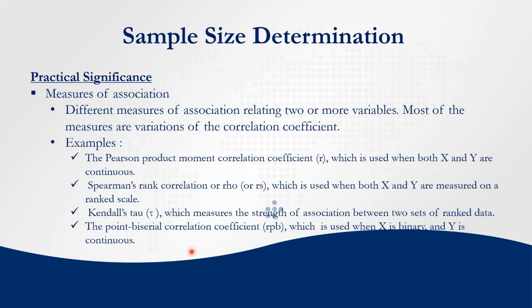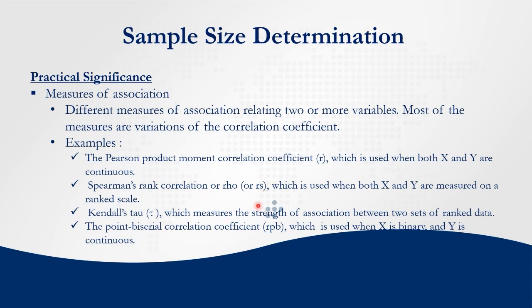And then coming to the measures of association, you will have different measures for different things. If, for example, you're looking at the correlation between 2 continuous variables, then what you can use to get the effect size would be the correlation coefficient.